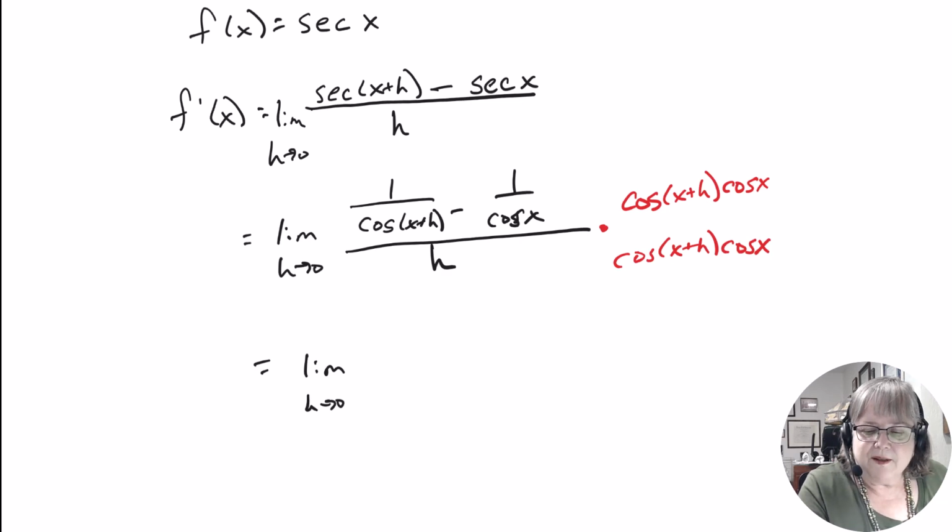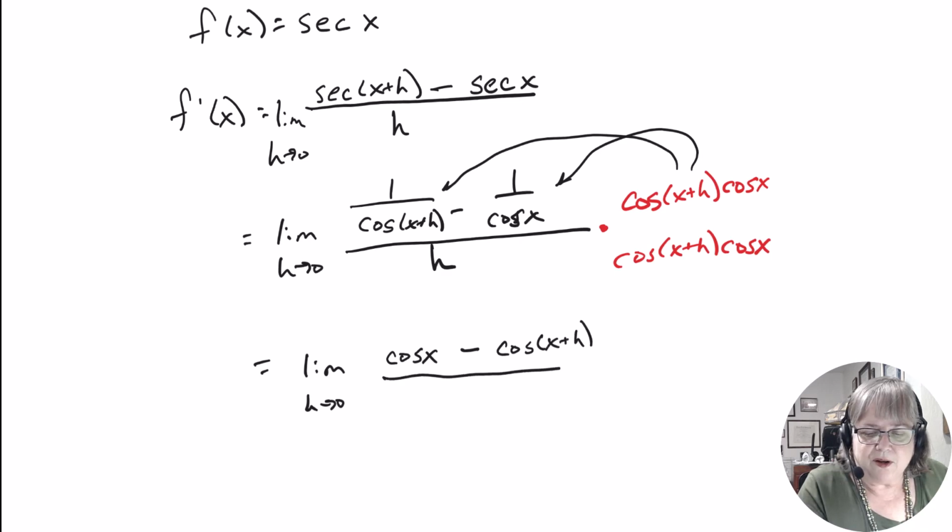All right. So when you multiply these two out, the cosine x plus h's cancel, and you have cosine of x left, minus. And when you multiply these two out, the cosine x's cancel, cosine x plus h, all over h cosine x plus h cosine x.